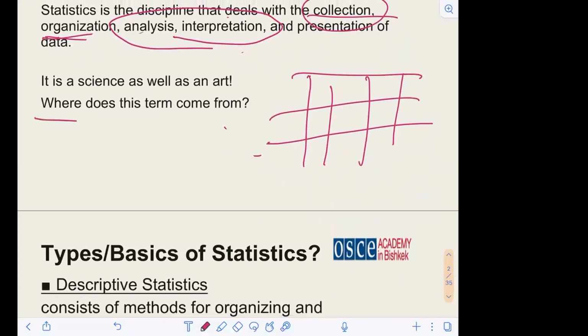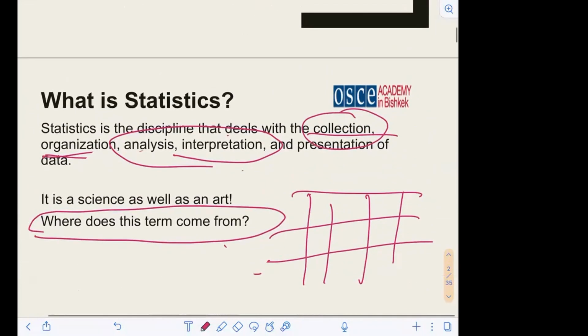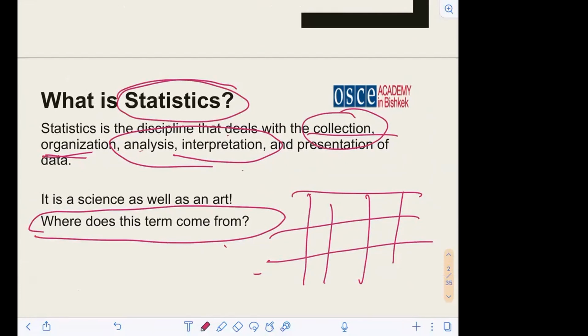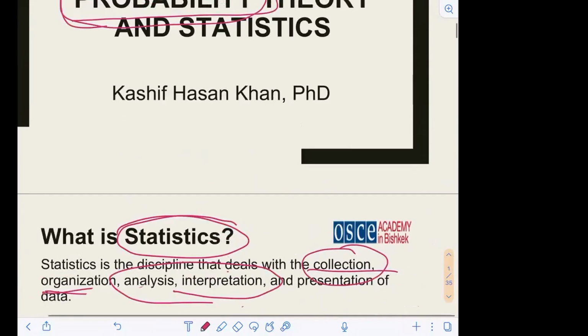Now, my second question, in fact a very important question: where does this term come from? Why do we call it statistics? Probability is a part of what we use in statistics, but probability is not holistically statistics.